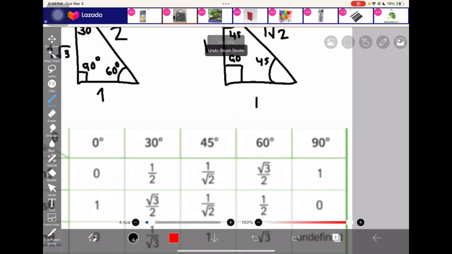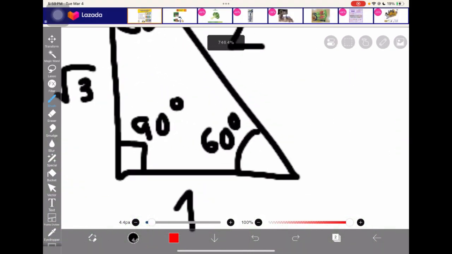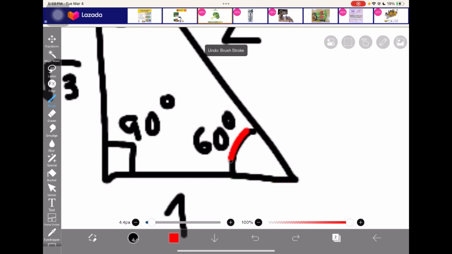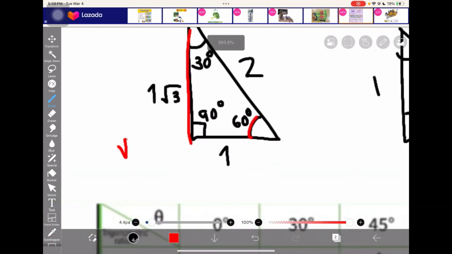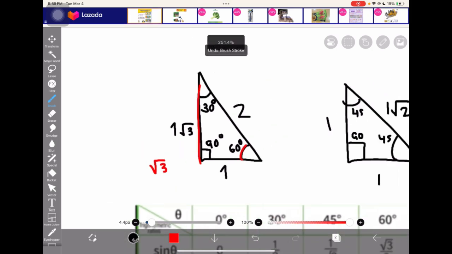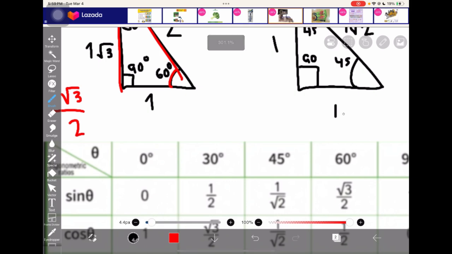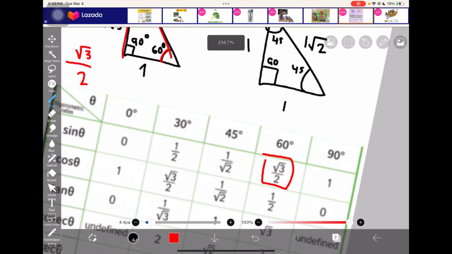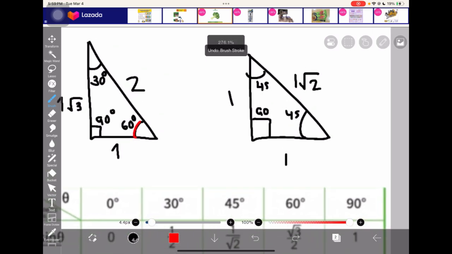Meanwhile, for 60, we have a square root of 3 over 2. Now let's use this as our theta. So we got opposite, that's square root of 3 over the hypotenuse, so is equal to 2. And turns out, indeed it is. These are the values. For 90, let's just skip that.